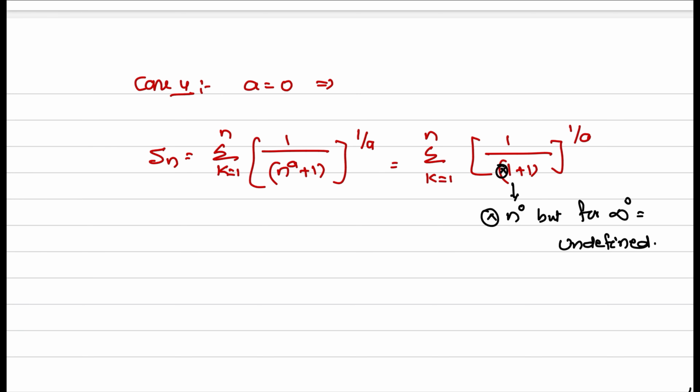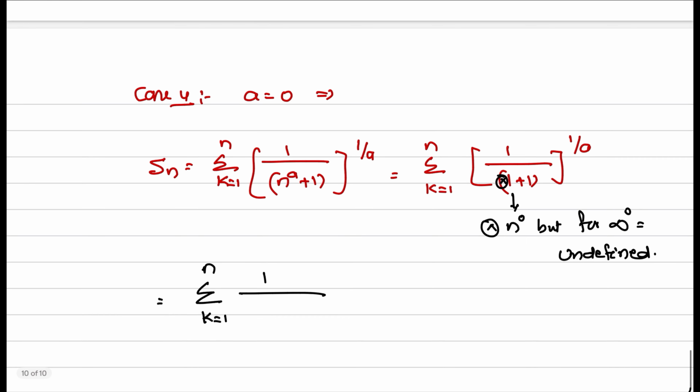That means this value will be sigma k is equal to 1 to n 1 by n to the power of a plus k. It is not 1, it is k.